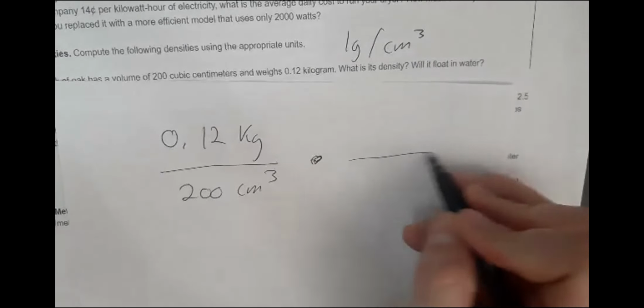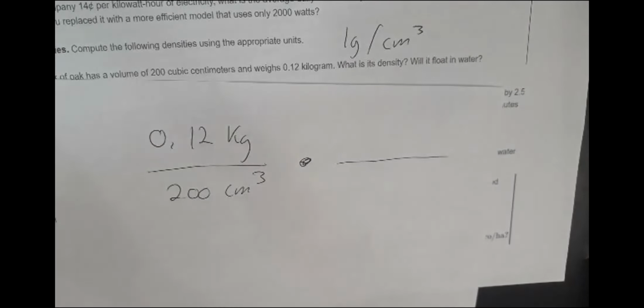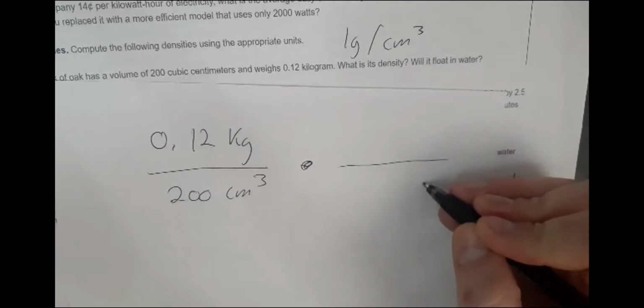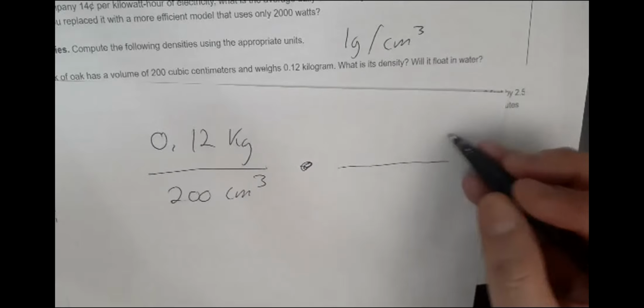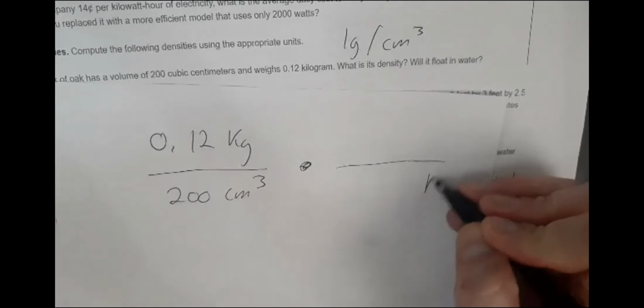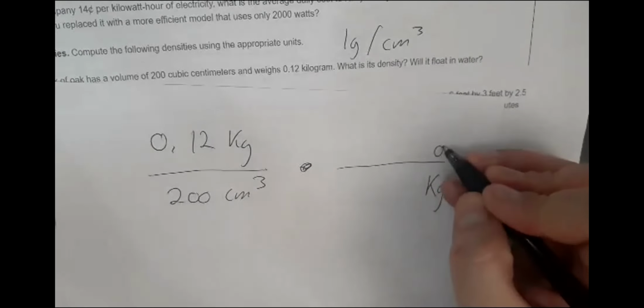What do we want to convert it to, to compare it to water? Grams. Yeah, we're converting kilograms to grams, right? So how do we do that? You're putting kilograms on the bottom and grams on top.